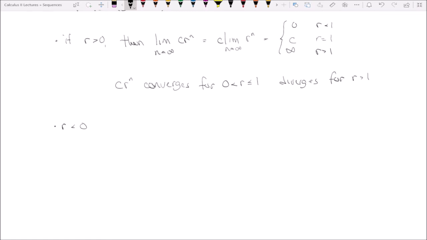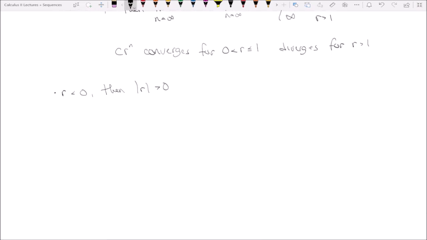Now, what if r is less than 0? Well, then we know the absolute value of r would be larger than 0. Now, if r is larger than negative 1, then we know that the absolute value of r is going to be between 0 and 1.